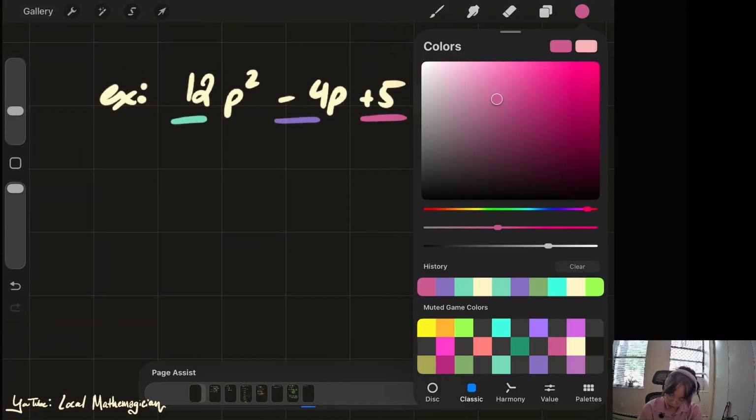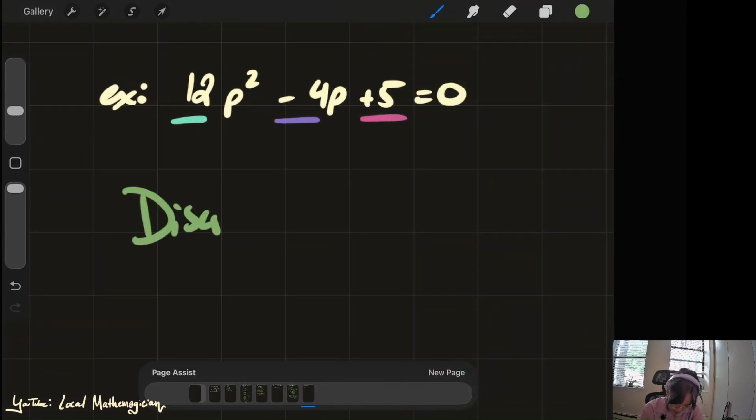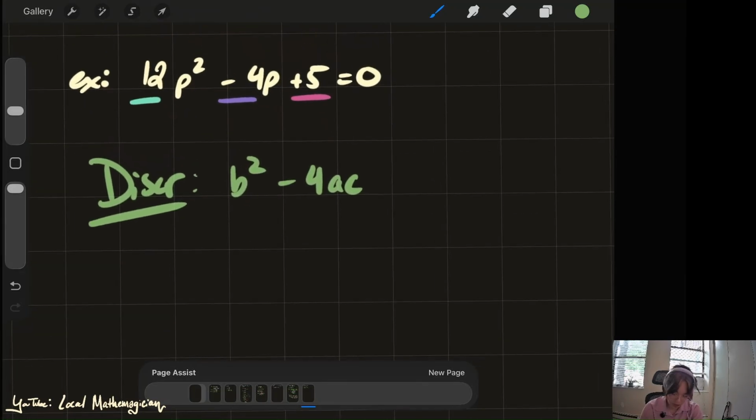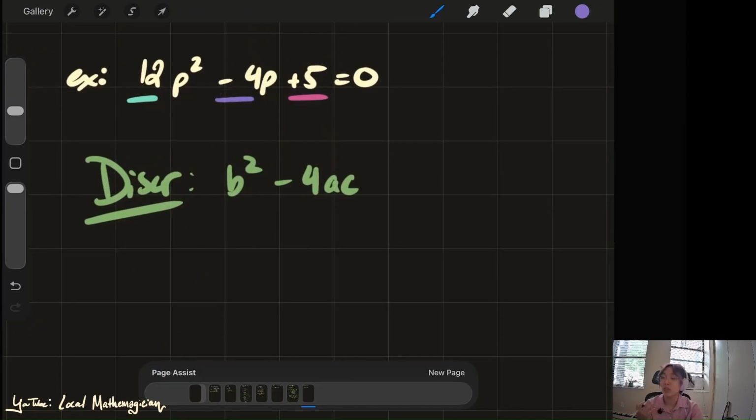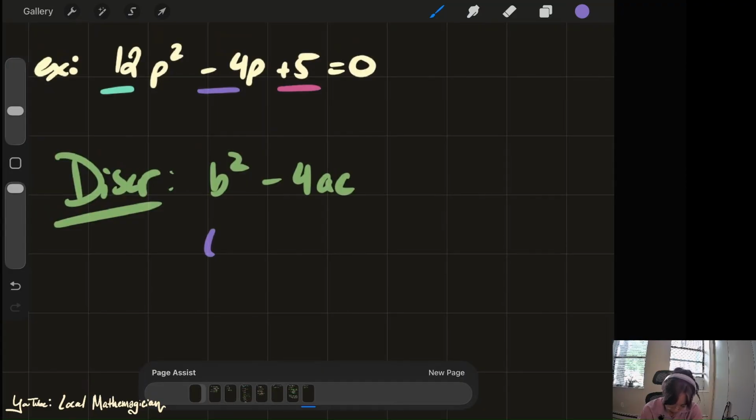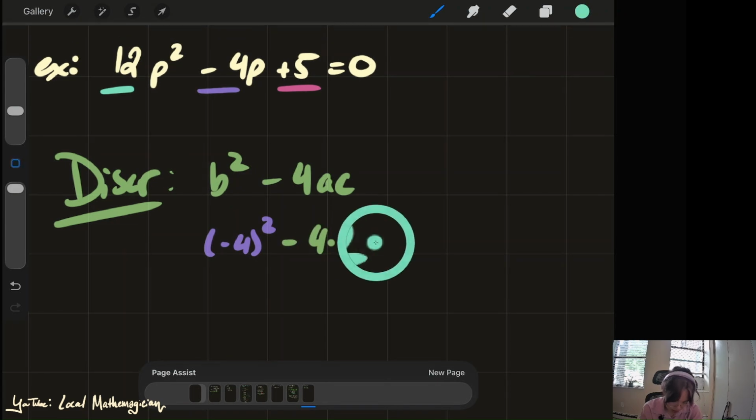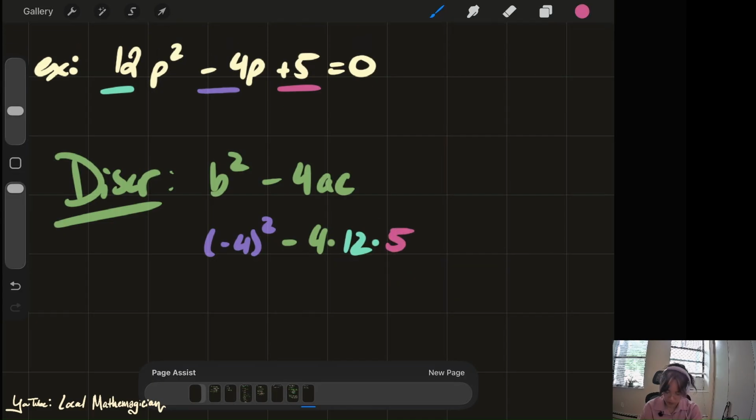All right, the discriminant is going to be b squared minus 4ac. Okay, b squared, b is -4, not just 4, -4. Okay, so b squared is -4 squared minus 4 times a, which is 12, times c, which is 5.